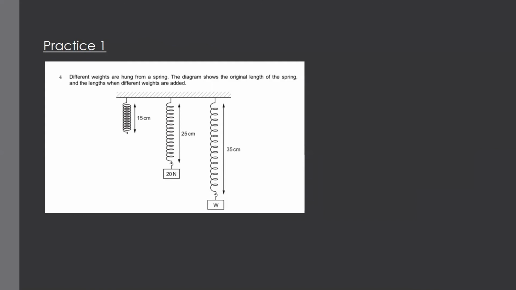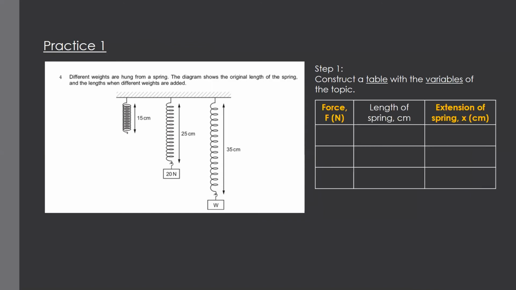Let's practice a systematic way of solving this question. First of all, we know that there are only two variables for this topic. For the first step, we shall construct a table with these two variables. The important variables are the force or load and the extension of the spring, but we can also include the length of the spring to be more systematic.